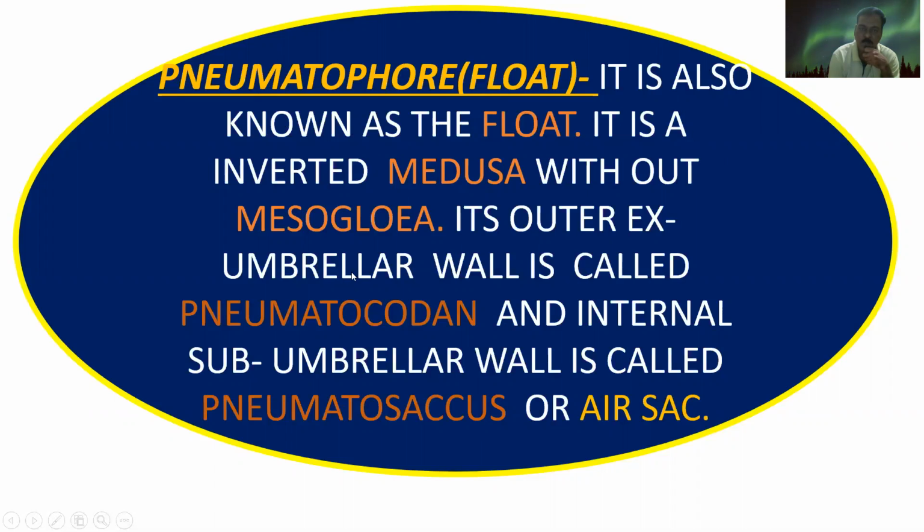Its outer exumbellar wall is called pneumatochordon, and the internal subumbellar wall is called pneumatosaccus or air sac. The pneumatophore or float is meant for flotation or buoyancy.